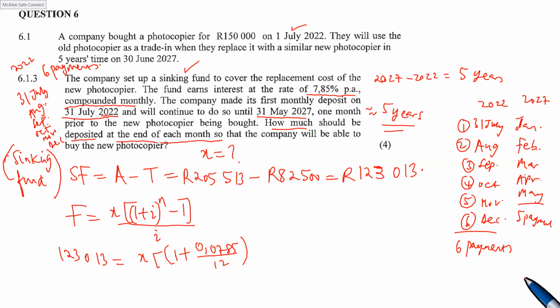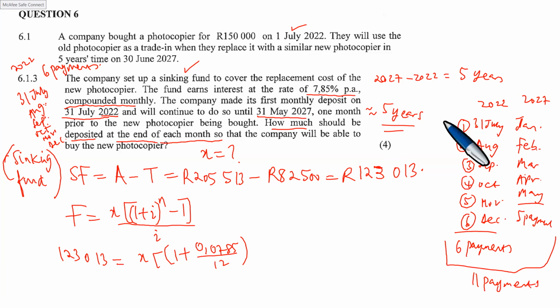Okay, so now you have those payments there. You have a total of therefore 11 payments altogether. But remember that these are just the months that are between the years.